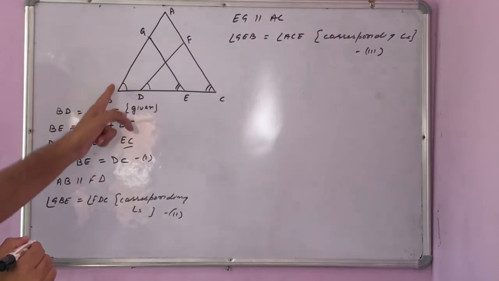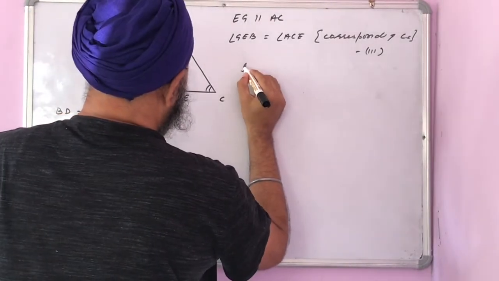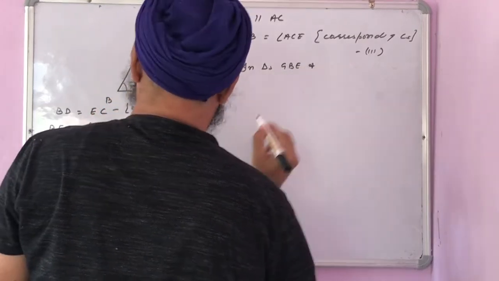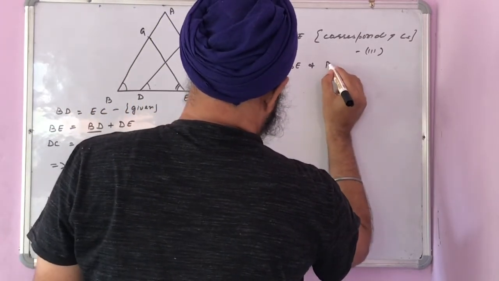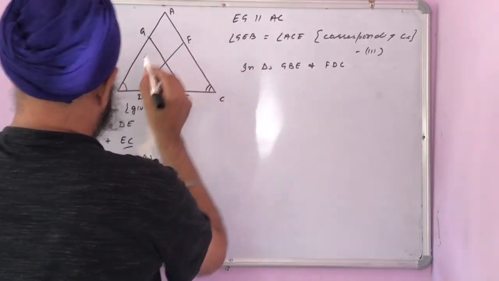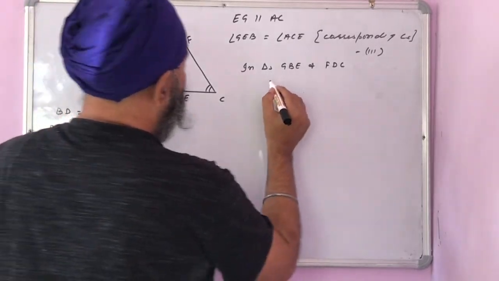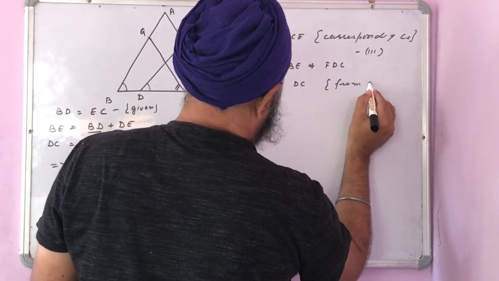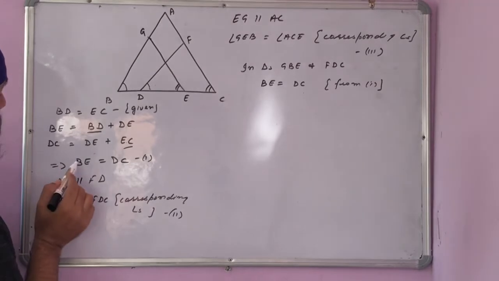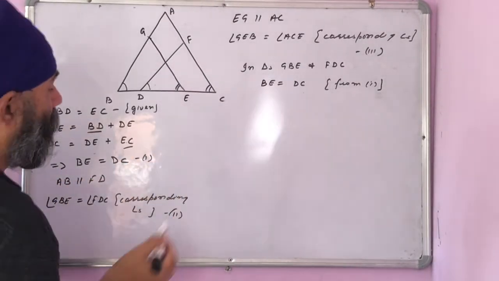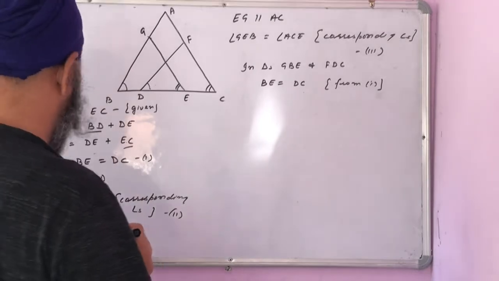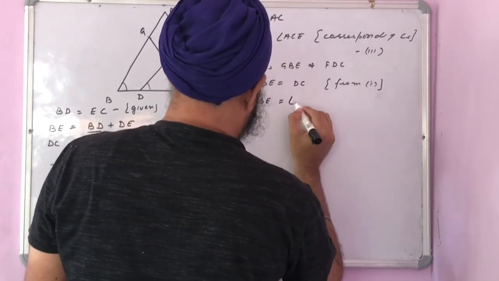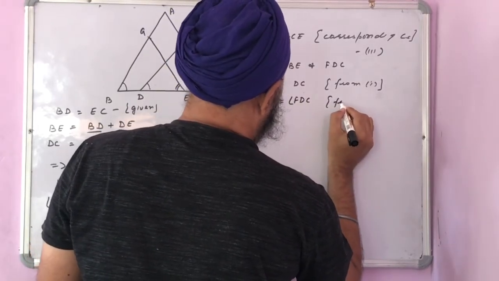Now I take triangles GBE and FDC. BE is equal to DC from 1. In 1, I have proved that BE is equal to DC. Then angle GBE is equal to angle FDC from 2.